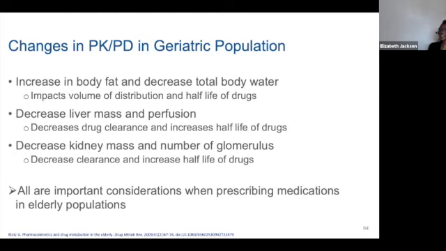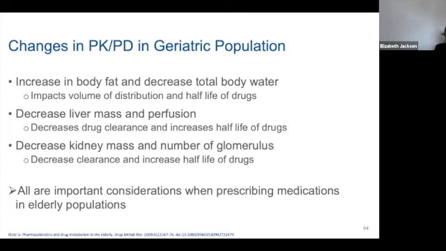That means that this will impact the volume of distribution and the half-life of drugs. So the volume of distribution and the half-life of drugs that we've been talking about will be impacted. There's also decreased liver mass and perfusion. That means that there's going to be decreased drug clearance and increased half-life of drugs.